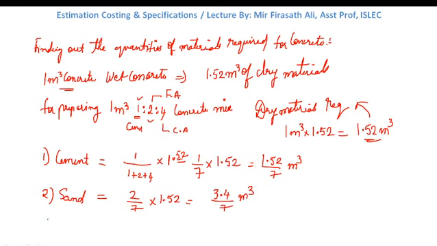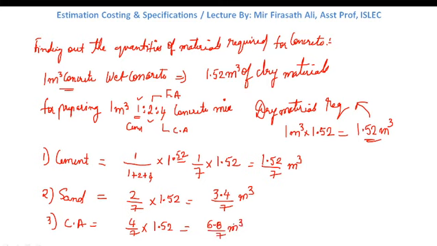And coarse aggregate is 4 by 7 into 1.52, that is 6.8 by 7 meter cube.